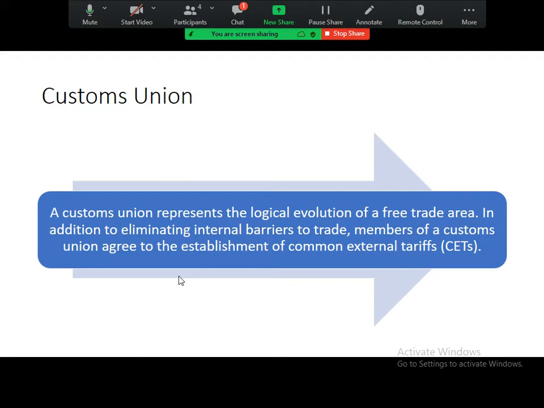The customs union represents the logical evolution of a free trade area. In addition to eliminating internal barriers to trade, members of a customs union agree to the establishment of a common external tariff, that is CET.